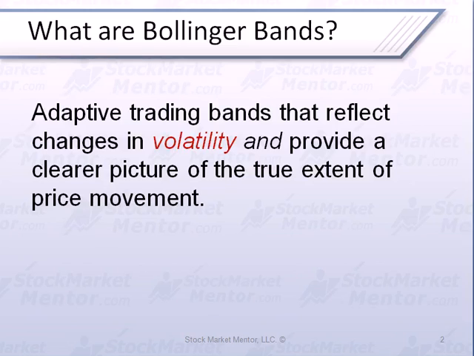Here's the Reader's Digest version. Okay, what are they? These are adaptive trading bands that reflect changes in volatility and provide a clearer picture of the true extent of price movement. Think about them as trend lines. They're adaptive trend lines with a volatility component.